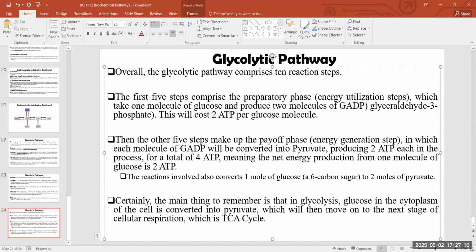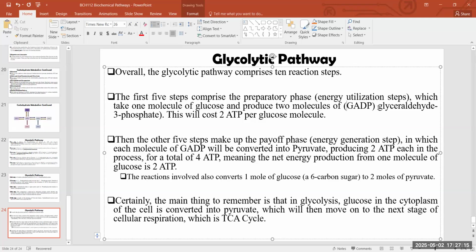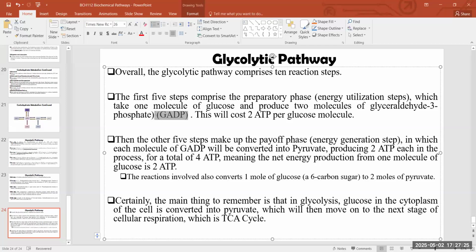You can also write GA3P, as different texts abbreviate it in different ways. This first 5 steps utilizes 2 ATP molecules. That is, the cost of the first 5 reactions of glycolysis is 2 energy currencies, that is 2 ATPs.